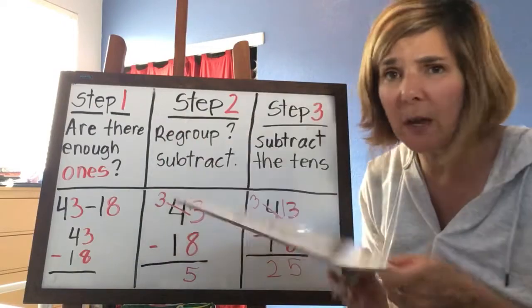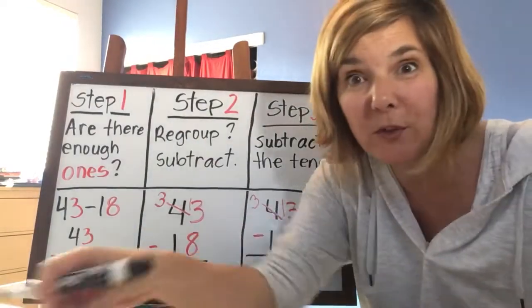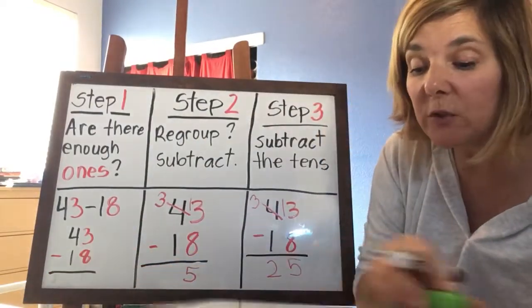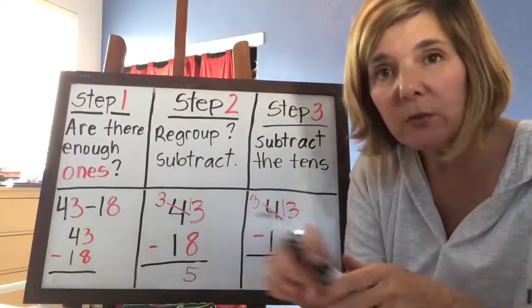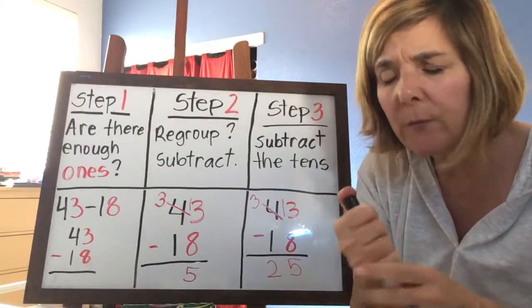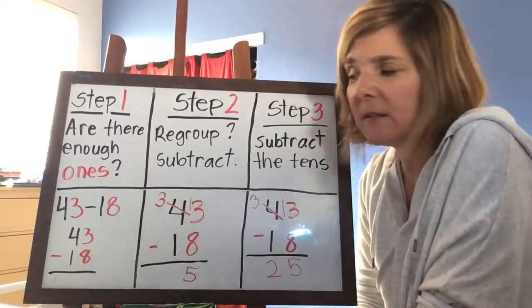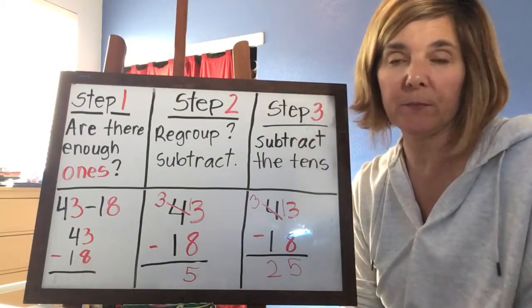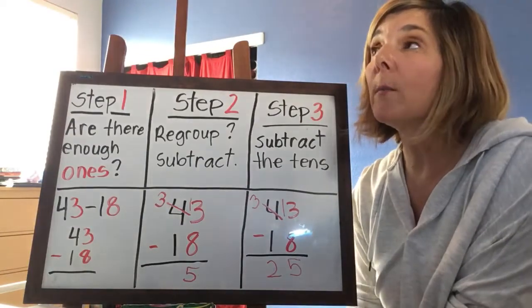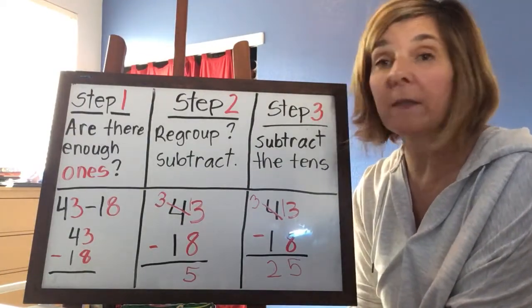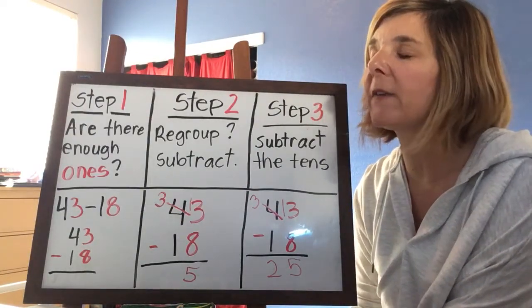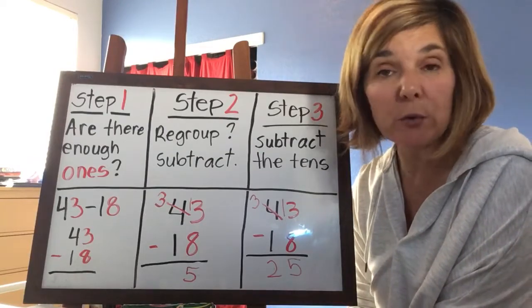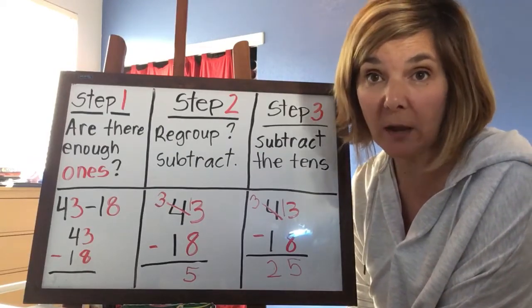All right, so sometimes we don't need to regroup. Those are the easy problems. But if you do need to regroup, you just remember that you're going to borrow numbers from your tens and regroup them. Okay, good job. Practice those math facts. The more math facts you know, the faster you are at solving math facts, the easier regrouping will be, whether you add or subtract, okay?